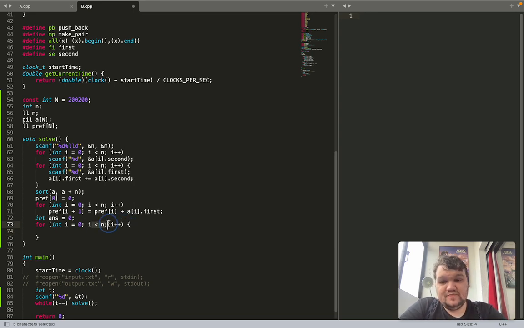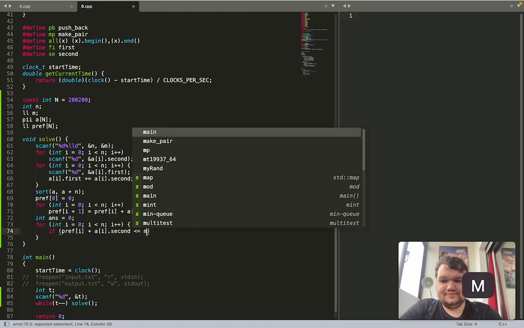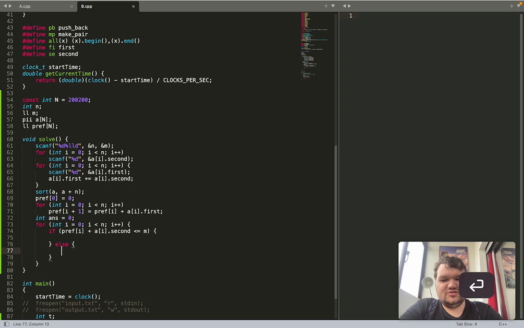So the prefix either contains our problem or not. Let's just see: if we can solve all the problems before and this one as the last one, then we are interested if we can actually solve more.